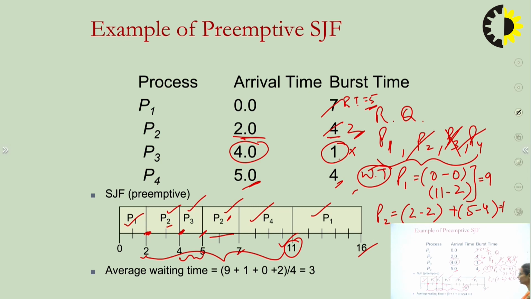Now, come to P3. P3's arrival time is 4, and it is given the processor at 4. So, for P3, it is 4 minus 4, that is 0. Now, come to P4. P4 arrives at 5 and is allocated the processor at 7. So, the waiting time is going to be 7 minus 5, that is 2. So, when you compute the average, it comes out to be 3.